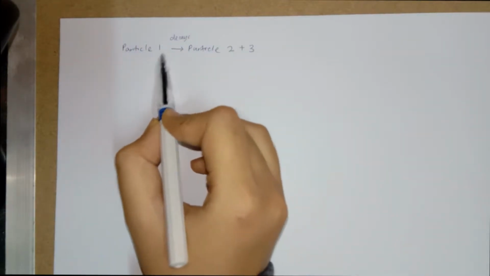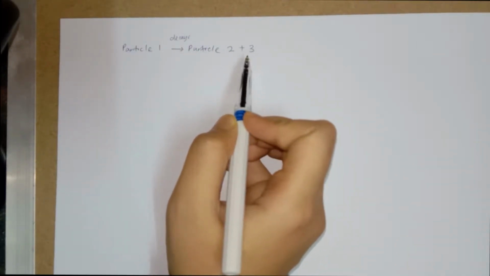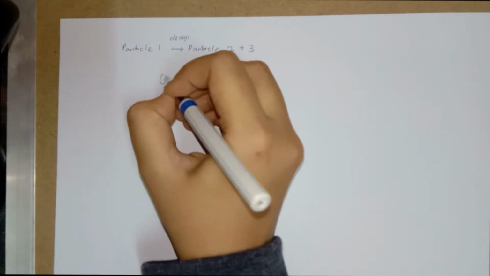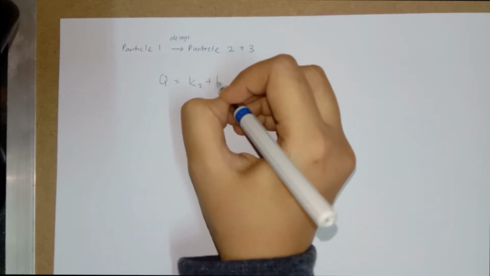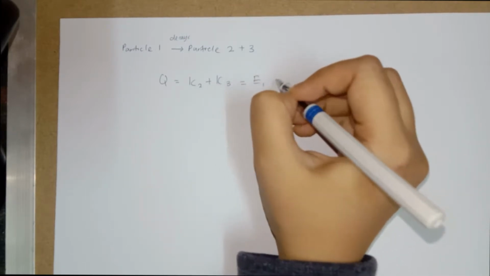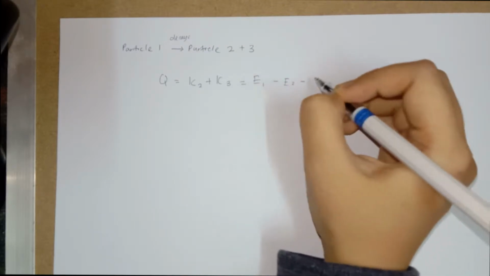Before we start proving the equations, we need to understand the problem first. Particle 1 decays to become particles 2 and 3. According to the conservation of energy principle, Q equals K2 plus K3 equals E1 decays to E2 and E3.